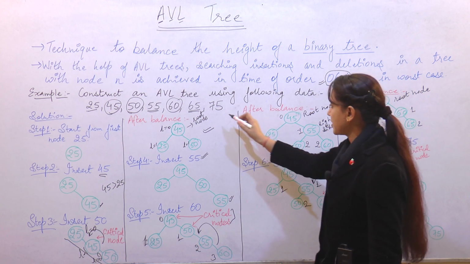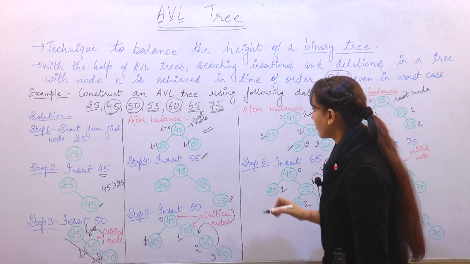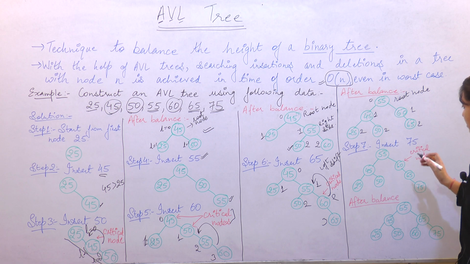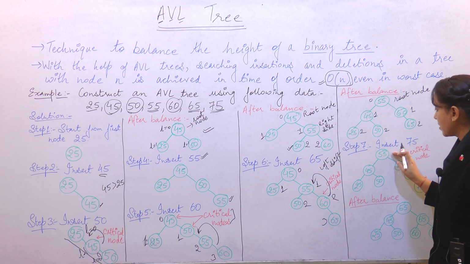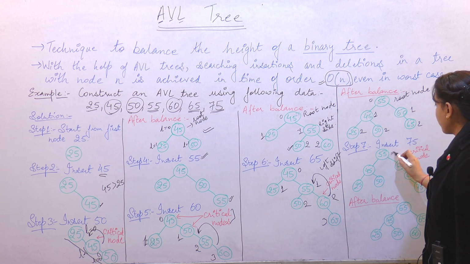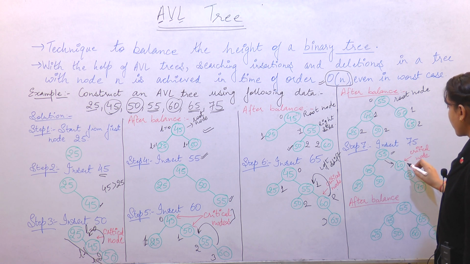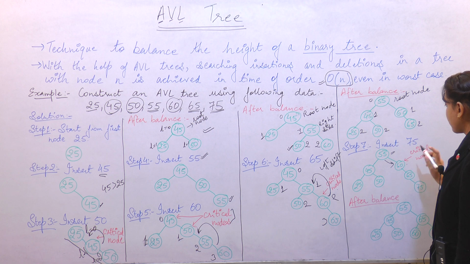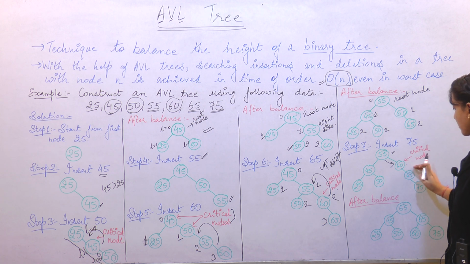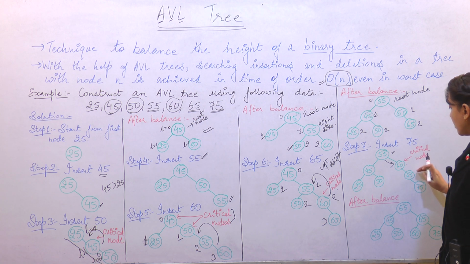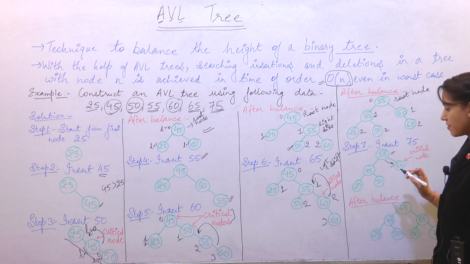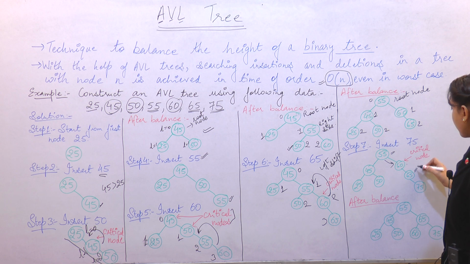Now the last element that is to be inserted is 75. For inserting 75, we will again compare it with the root node. Root node is 55, so 75 is greater than 55, we will move towards 60. Compare 60 with 75. 75 is greater than 60, we will further move towards the right side of 60. Right side of 60 already contains 65, so we will compare 75 with 65.